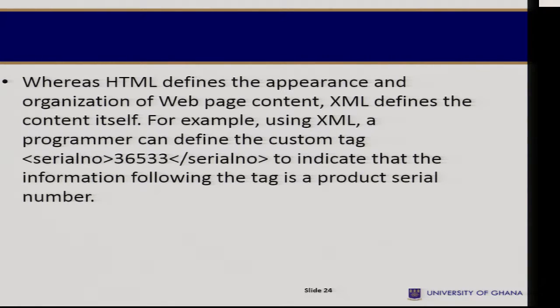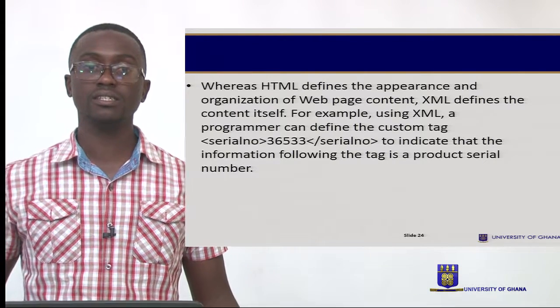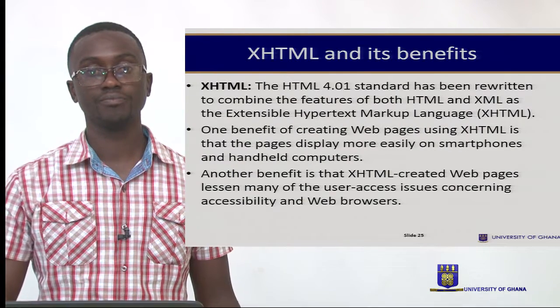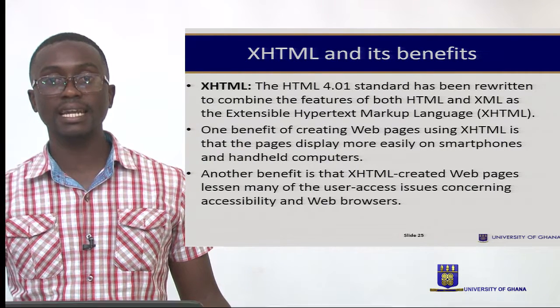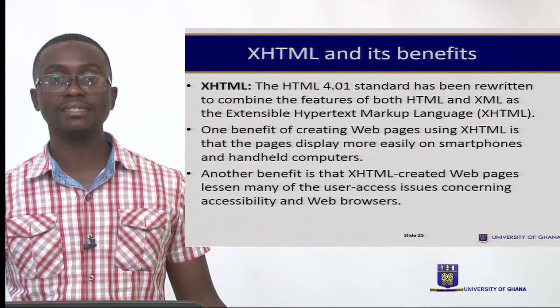For example, using XML, a programmer can define the custom tag serial NO, the short form for serial number, and you can see the opening and closing of the serial number tag containing the information 36533, which just tells us that the serial number is 36533.